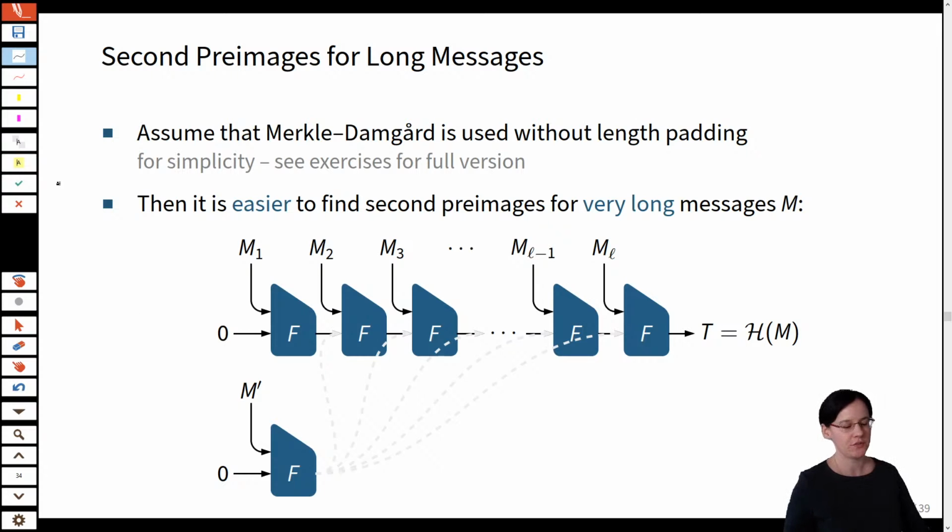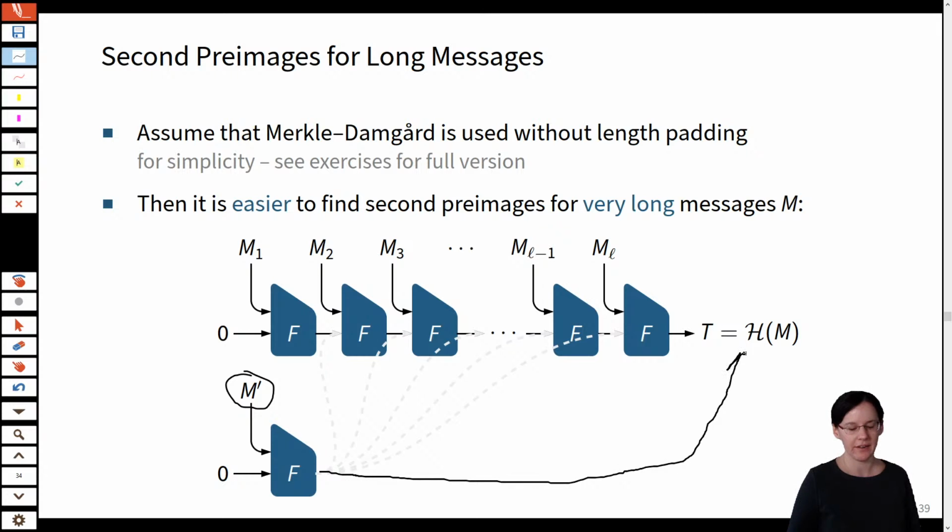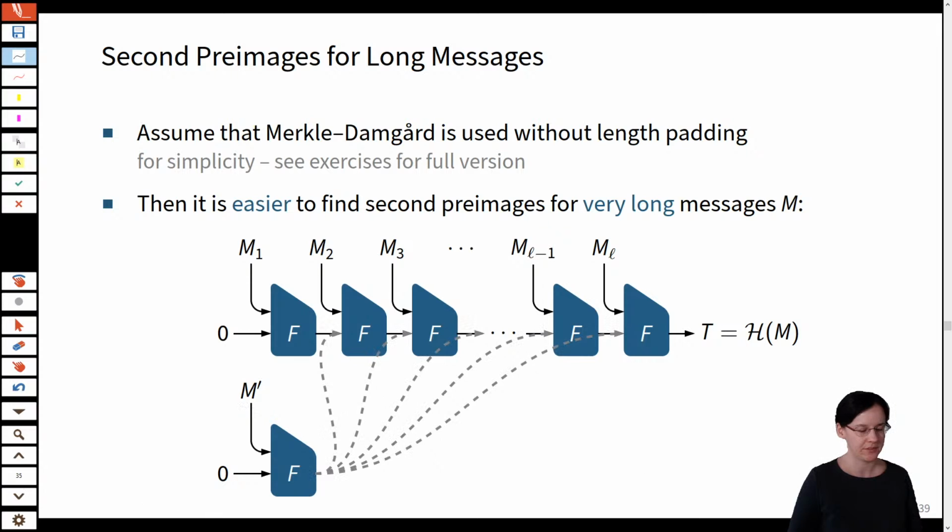Now, if the message is very, very long, what an attacker can do is the following. They can simply try to find a very short second preimage by simply taking random one-block messages and hashing them, and then not trying to directly hit the final hash value, but instead see if they can hit any of the intermediate results here. So instead of drawing it, let me just go to the next slide.